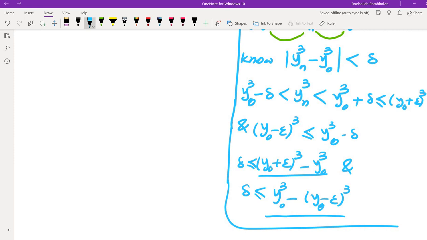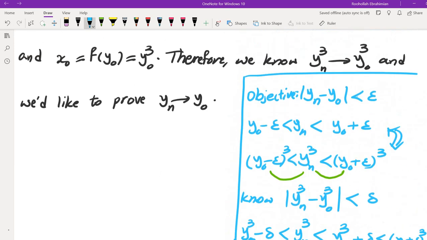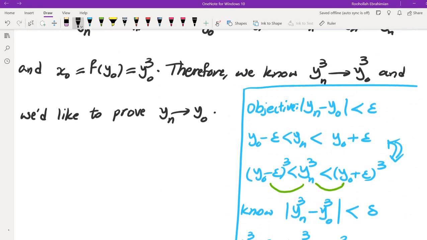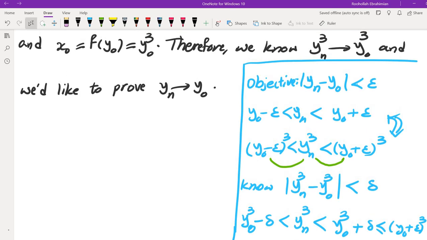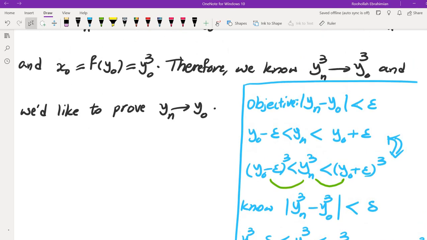Okay, so let us go ahead and prove this now. So we started with assuming that yn cubed approaches y0 cubed, and now we want to prove yn approaches y0. So let epsilon be positive.